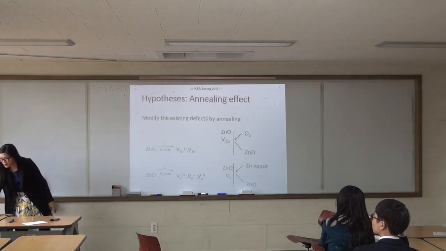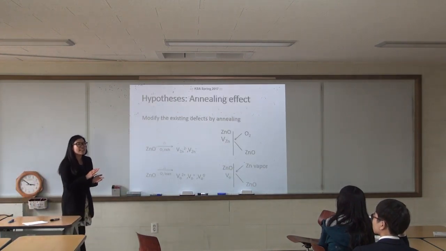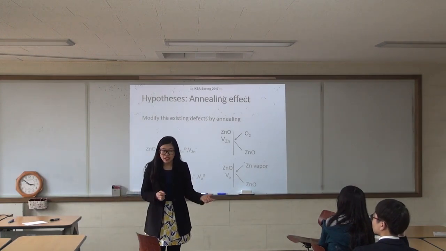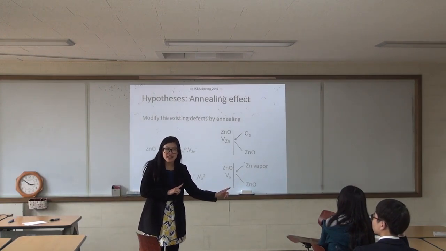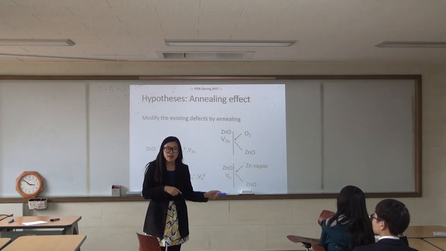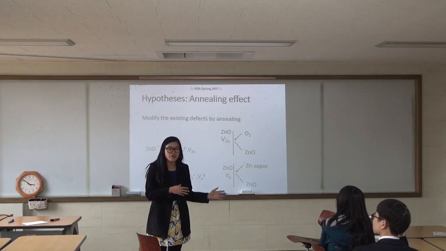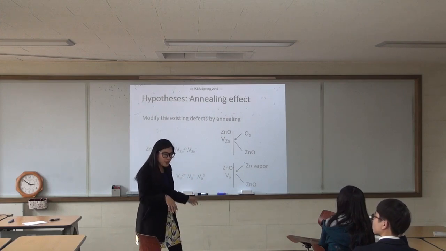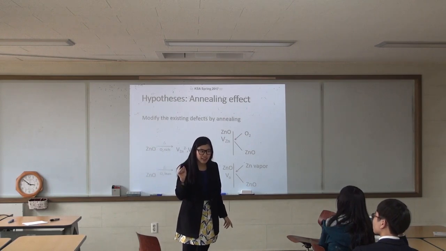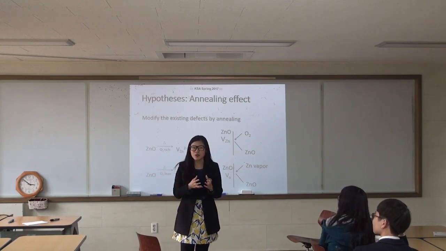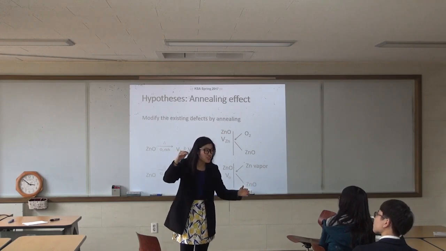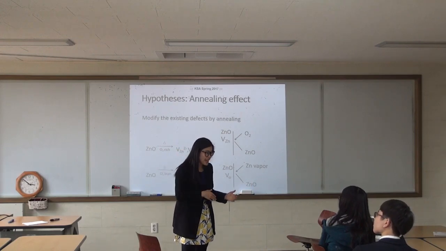Then in this work, it's not just normal zinc oxide. I will tell you how I synthesize the zinc oxide nanorods soon. But before that, I modify those zinc oxide nanorods by annealing. Do you know annealing? Annealing is when you put the sample in a furnace at high temperature and purge with some gas.